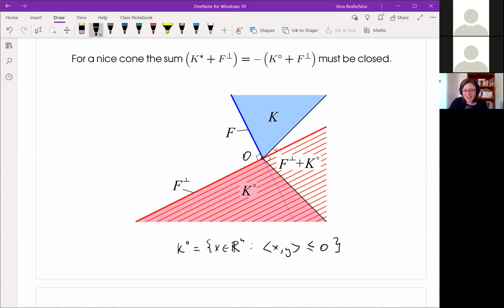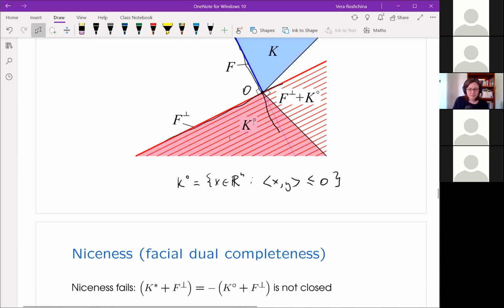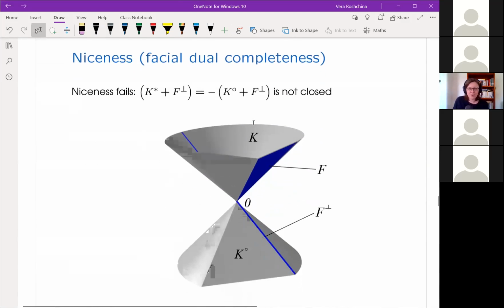And then I have to verify that for every face of my primal cone, the sum of the orthogonal complement, so the linear subspace orthogonal to the linear span of that face, with my dual cone is closed. It always works in 2 dimensions, just a picture that shows what we should do to check that this property, niceness, actually holds. And this is an example of a cone that is not nice.